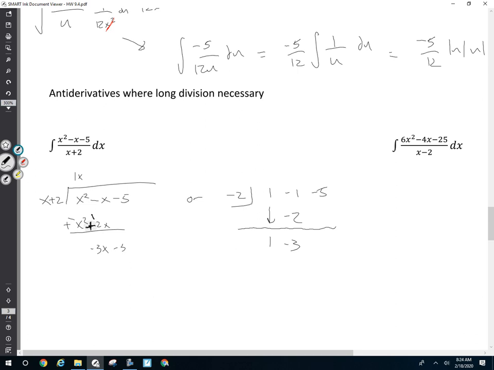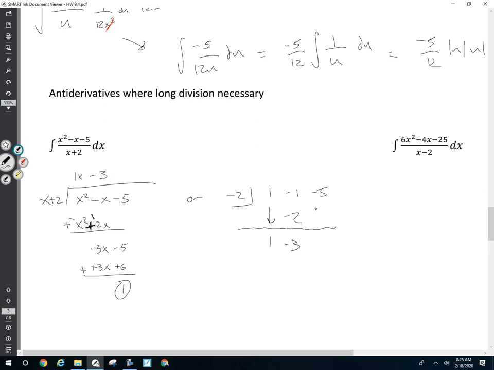Bring down the 5. This will be a minus 3. You see the minus 3 there because x times negative 3 is negative 3x. That'll cancel there. Negative 3 times 2 is negative 6. I'll subtract the 2. That's the same as adding the opposite. This turns into a remainder of 1.